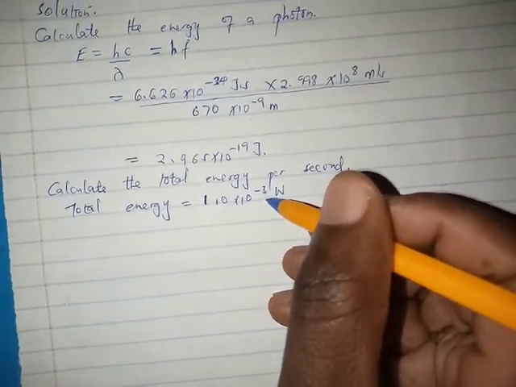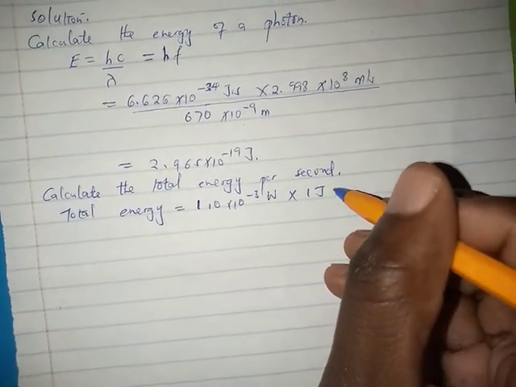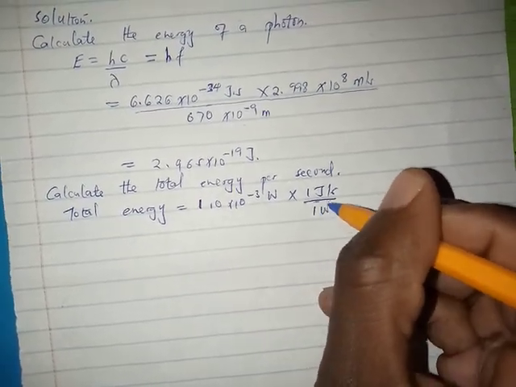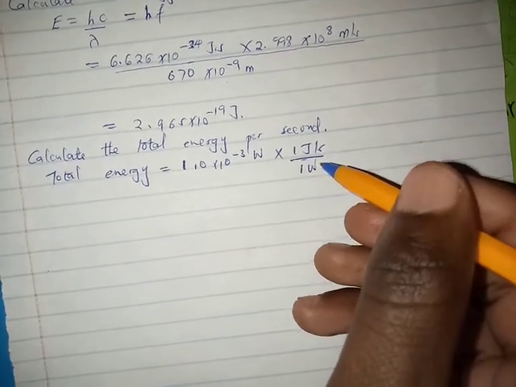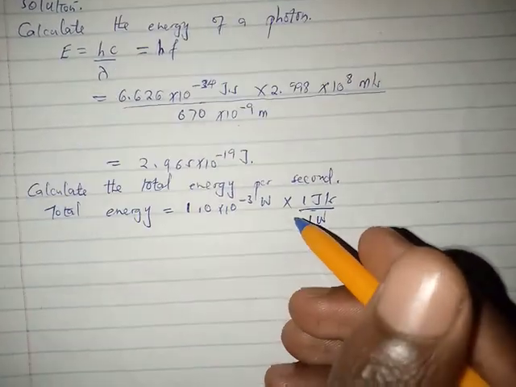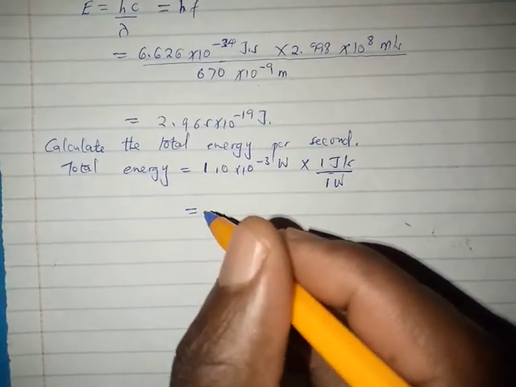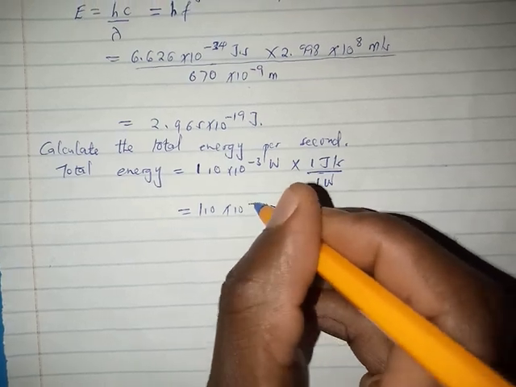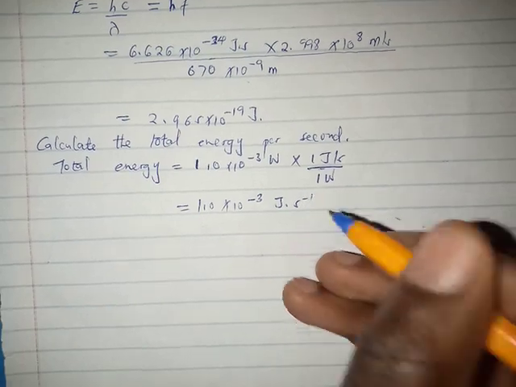We multiply by 1 joule per second over 1 watt, because we want to convert this into joules per second, and therefore we have 1.0 times 10 raised to power negative 3 joules per second.